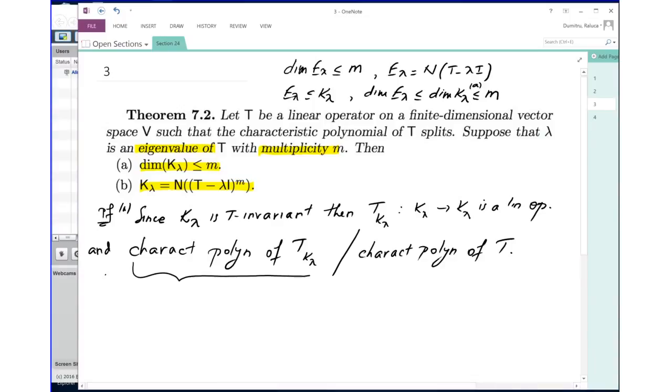So let's call the characteristic polynomial of T restricted to K lambda P of T. And let's denote by D the dimension of K lambda. We're trying to show that this dimension is at least m, m being the multiplicity of lambda.